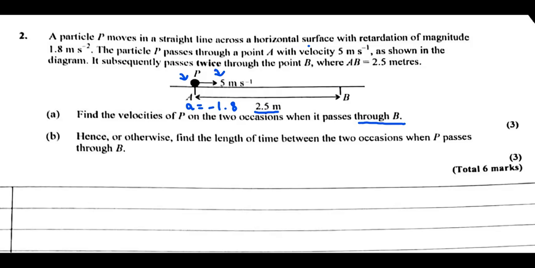The initial velocity is 5 and the acceleration is minus 1.8. So what equation are we going to use here? Okay. U is 5. Acceleration is minus 1.8. Displacement is 2.5. And we need to find the velocity at point B.